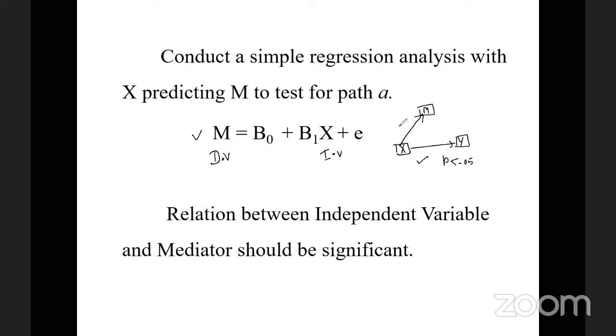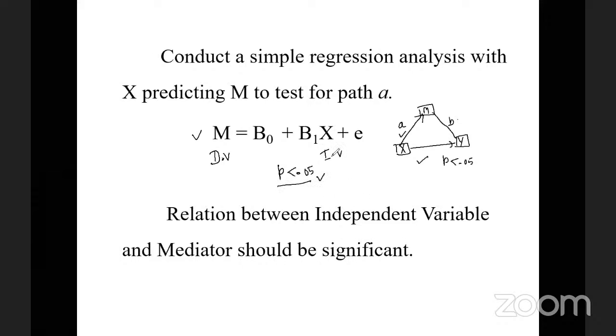For this relationship we take the regression coefficient b. In the second condition, the relationship between x and m should be significant, with p value less than 0.05, meaning the relationship between the independent variable and the mediator should be significant.